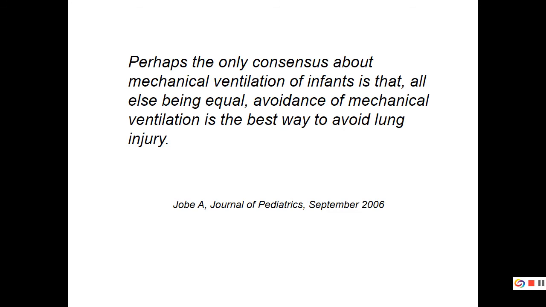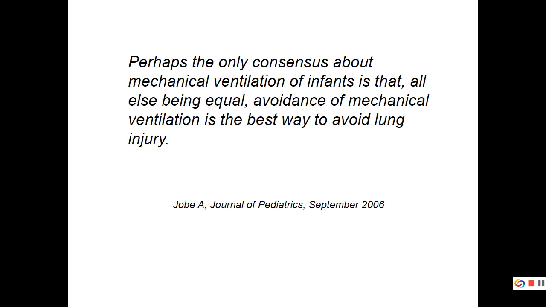So Alan Jobe is probably one of the top 5 most respected neonatologists on earth. He's certainly one of the most studied, if not the most studied person in terms of respiratory diseases in neonates.